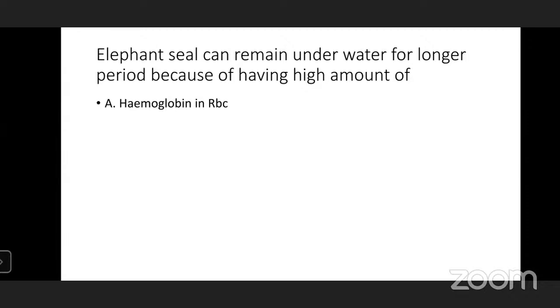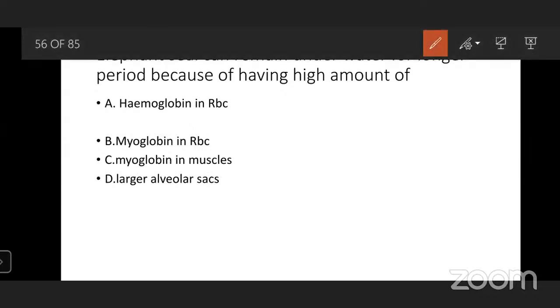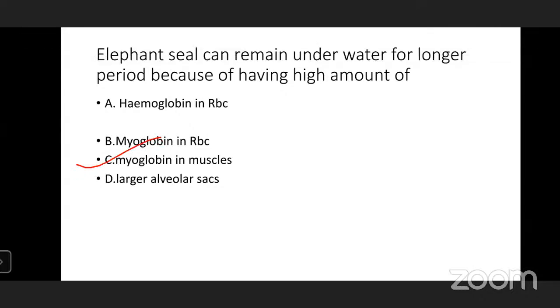high amount of hemoglobin in RBC, or high amount of myoglobin in RBC, myoglobin in muscles, or larger alveolar sacs. So the correct answer is due to the presence of more myoglobin in the muscles. Myoglobin is one of the respiratory pigments. It will store the oxygen.